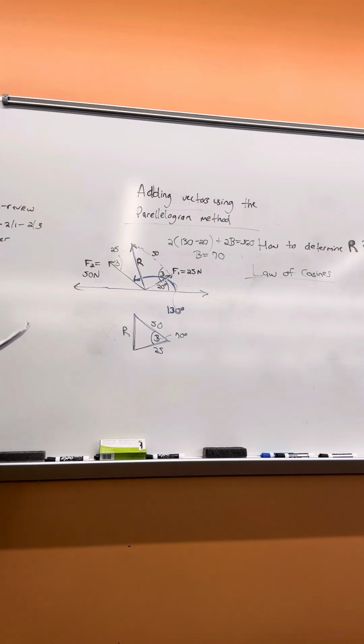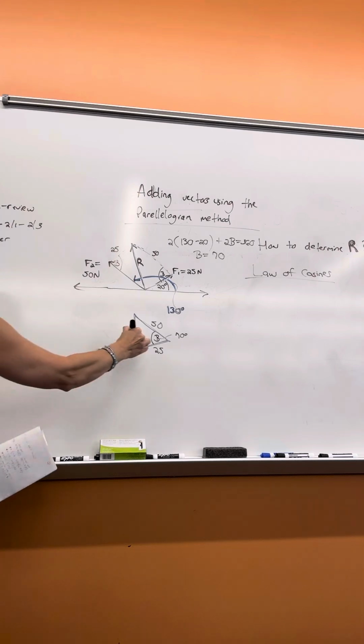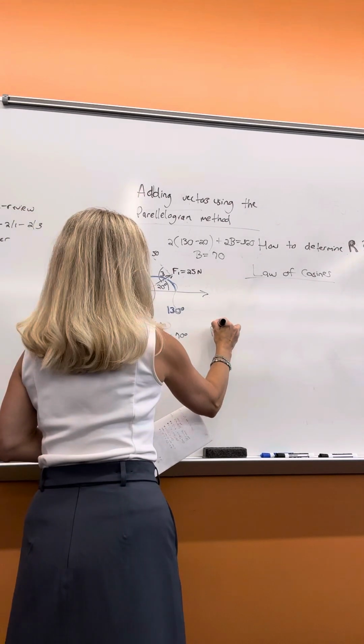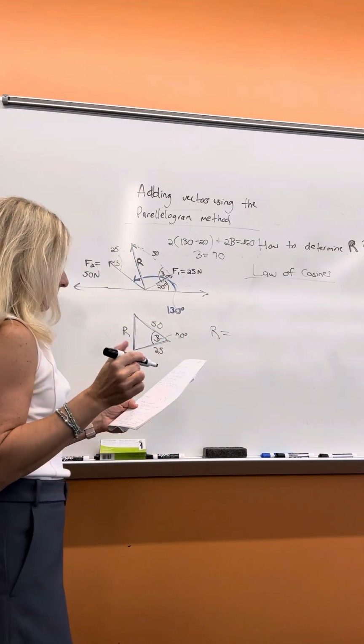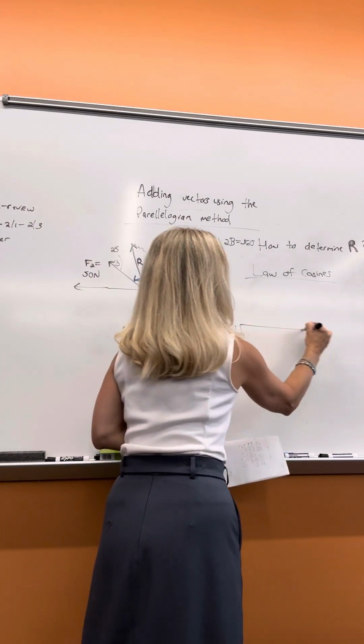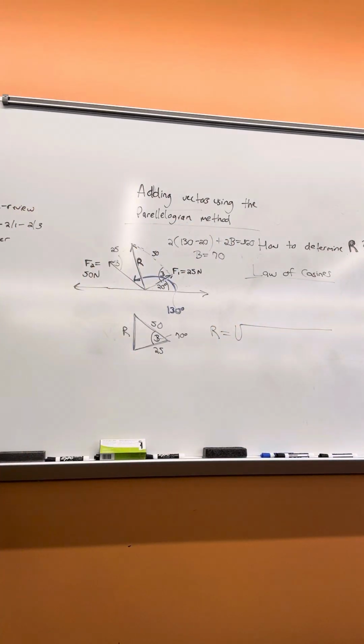So law of cosines states that this side, R, would have to equal what? The square root of what? A squared plus b squared minus 2ab cosine of 70. The angle between them. Yep.